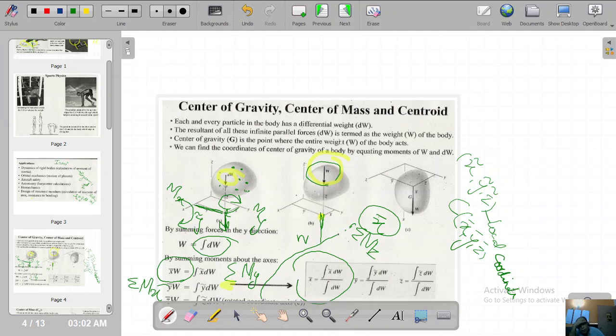Same with y bar, same with z bar. Okay, so in this way you basically calculate the centroid of arbitrary shaped bodies.